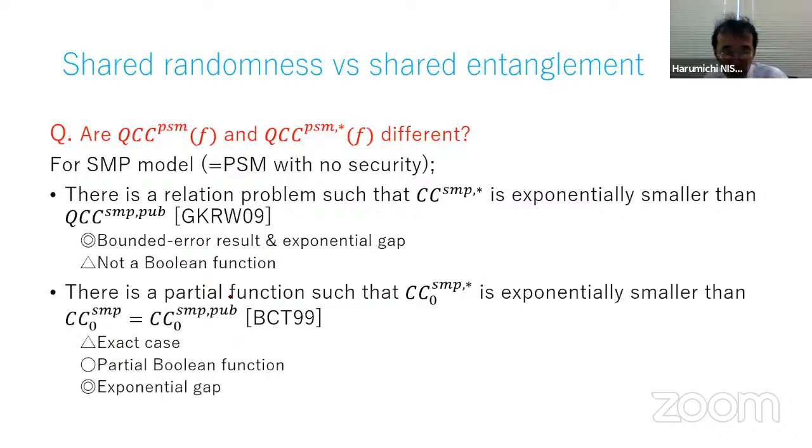The problem itself is a little bit better, but still it is a partial function, and also a bit artificial. Another not-good part is that it is the exact case. But the gap is exponential. This is good.